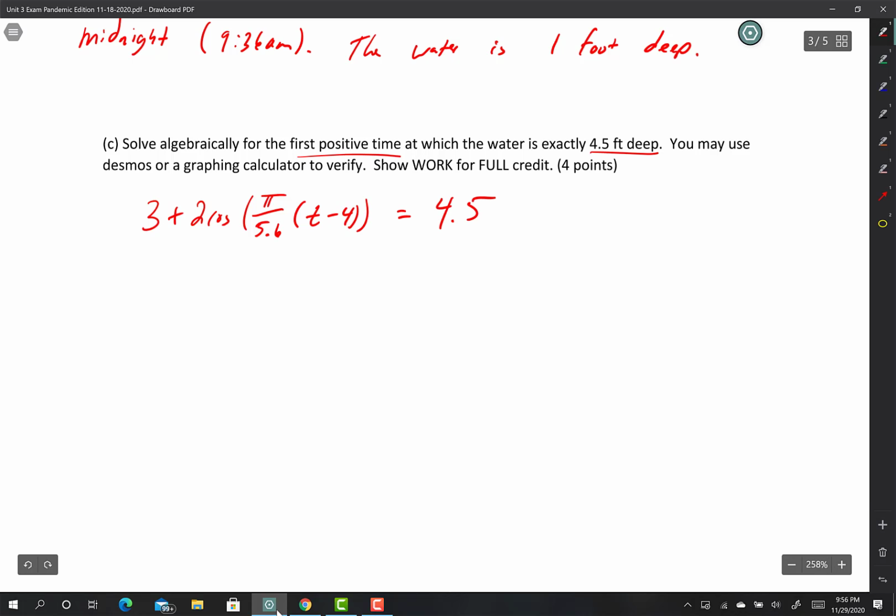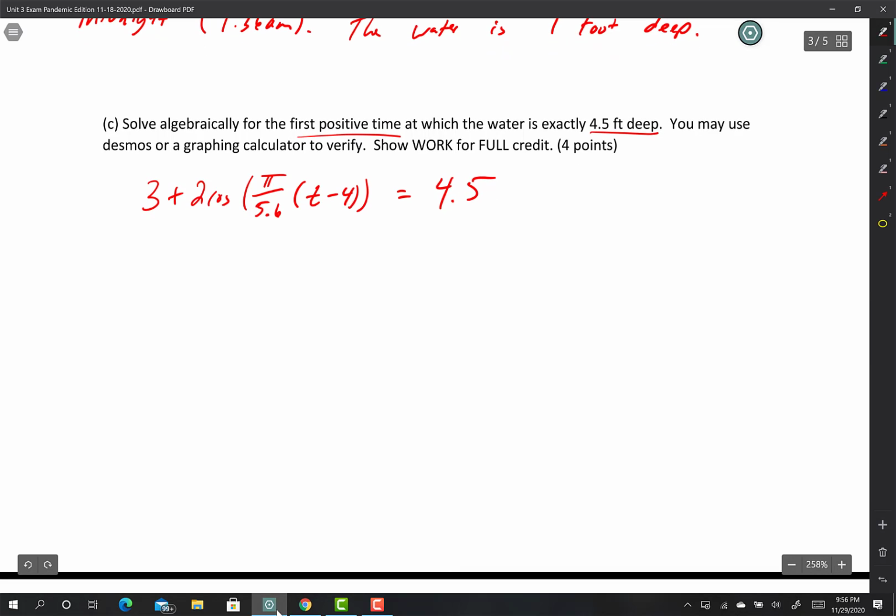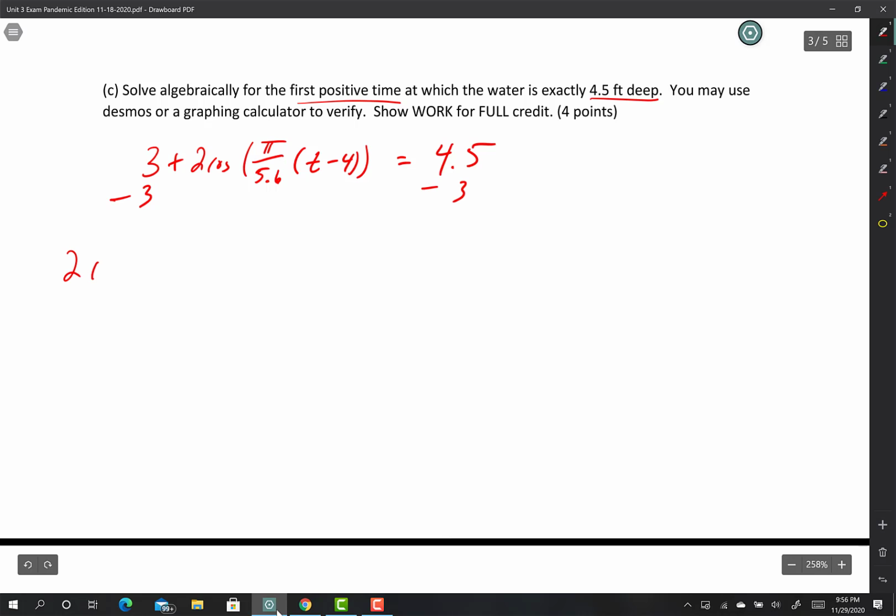So you get a point if you just wrote that. And I'm going to subtract 3 from both sides. So then you have 2 cosine of pi divided by 5.6, t minus 4, close, equals 1.5.